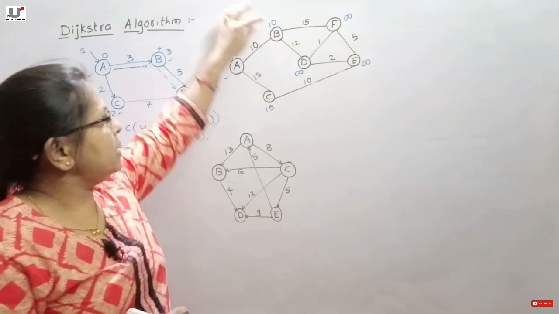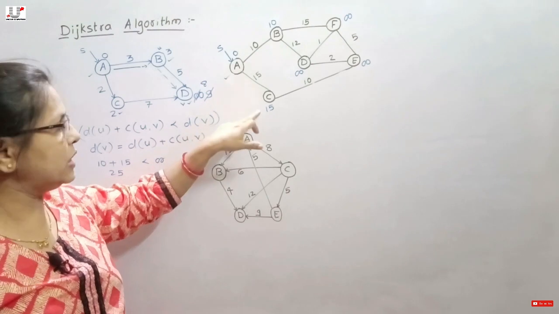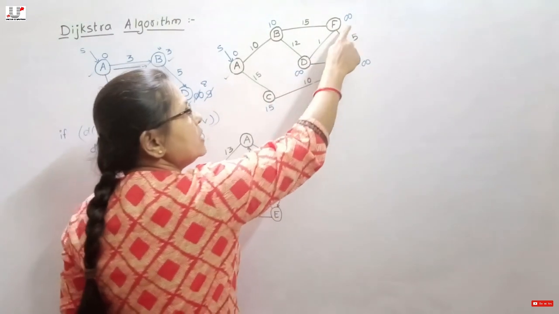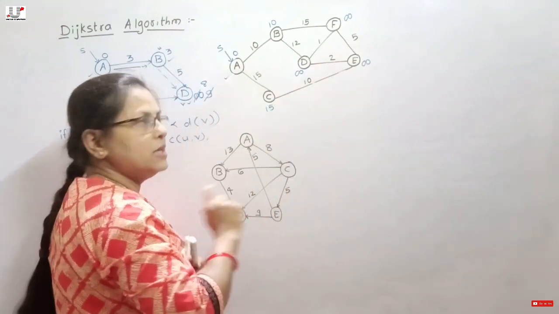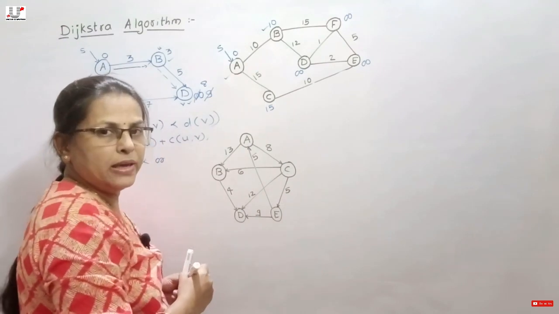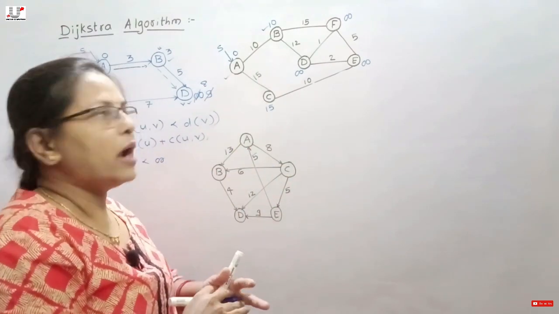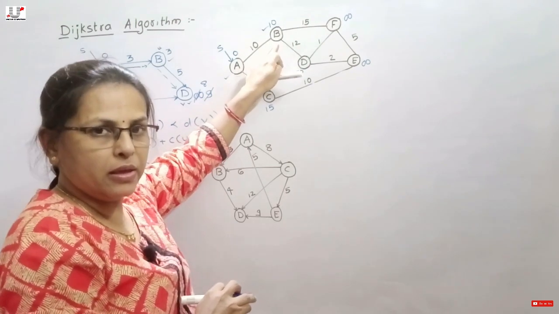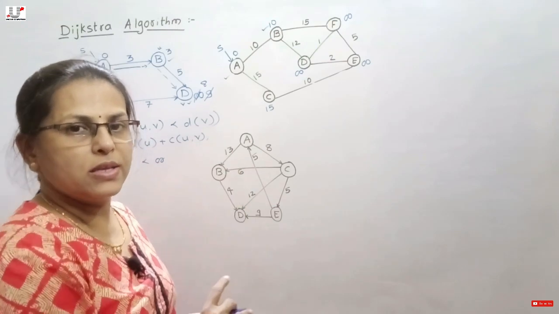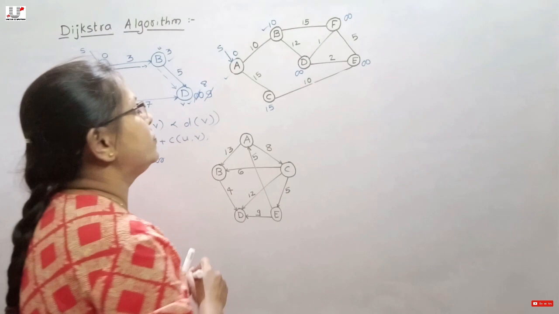From A to B the distance is 10, and from A to C it is 15. So the smallest among 10, 15, infinity, infinity, infinity is 10. So select B, and from B you again have to find the adjacent nodes of B and try to find the distances for the remaining vertices using this condition.